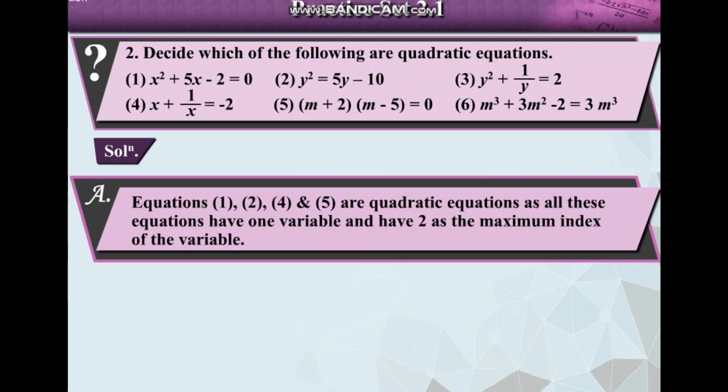Solution. Equations 1, 2, 4 and 5 are quadratic equations as all these equations have one variable and have 2 as the maximum index of the variable.